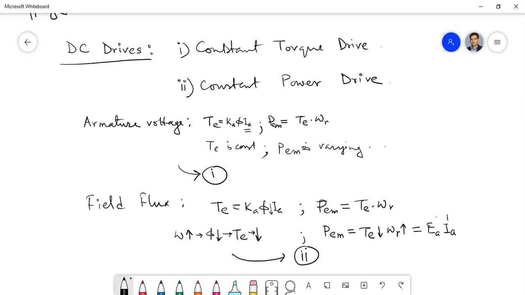That is a discussion of drives that I am not going into in detail, because that is in the syllabus of electrical drives in final year or maybe third year, second semester. I am not going into the implementation issues.